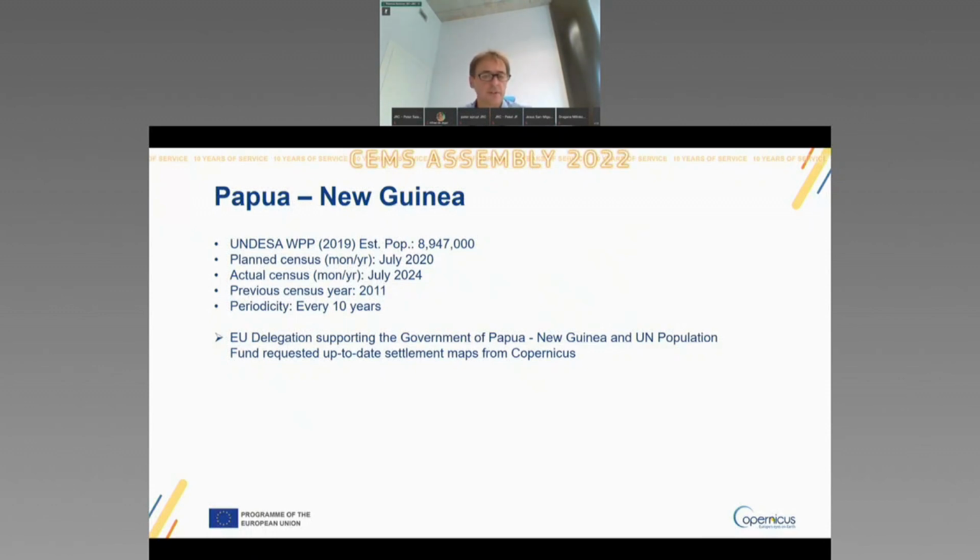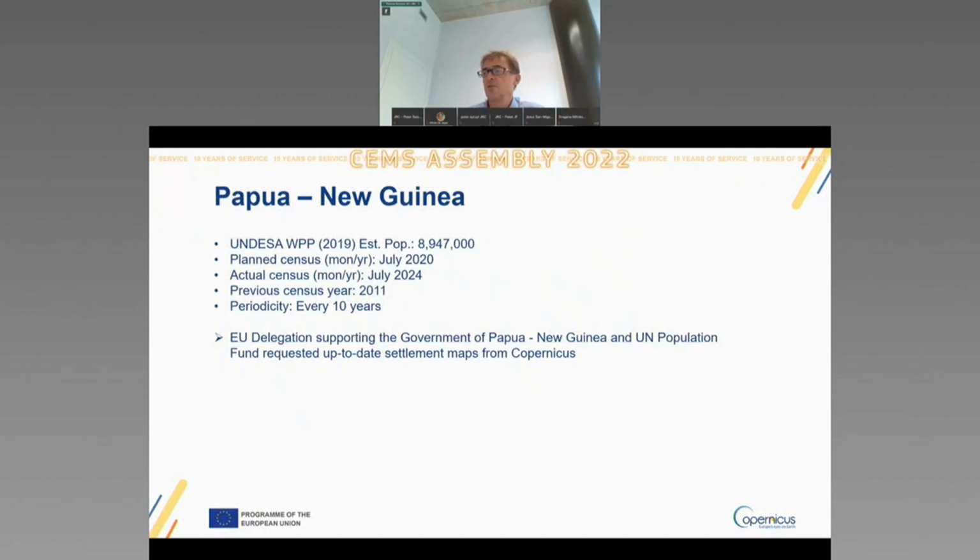There's no recent settlement map. Also, the population data they have are heavily outdated. Can you support us? And we started, but in the meantime, this political process went on. So COVID started, then it was postponed to July 2021, and then they said, okay, no, we wait for the next elections, which are scheduled for next year.